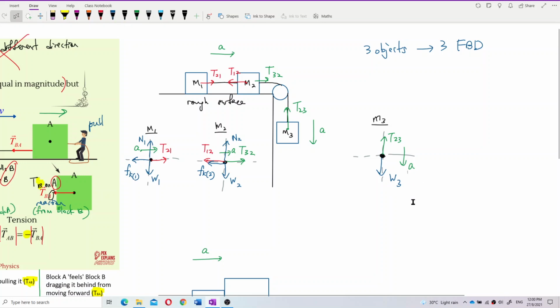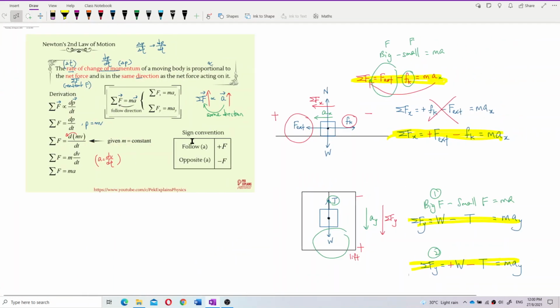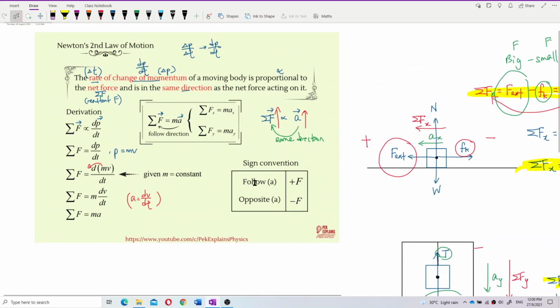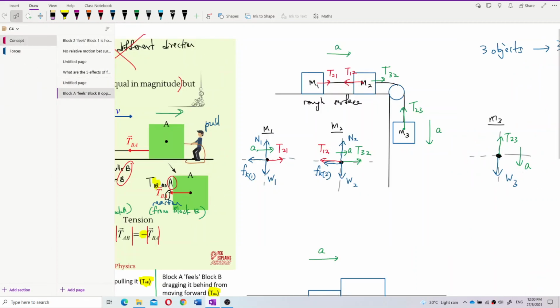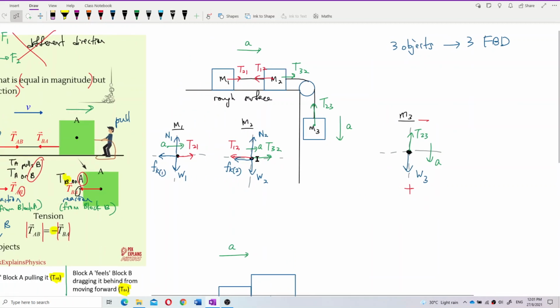Again, if you want to apply Newton's second law of motion, total F equal to ma, we use the convention: follow acceleration positive, opposite acceleration negative. This one going downward, follow acceleration is positive. For mass 2, going forward is positive, going backward is negative.